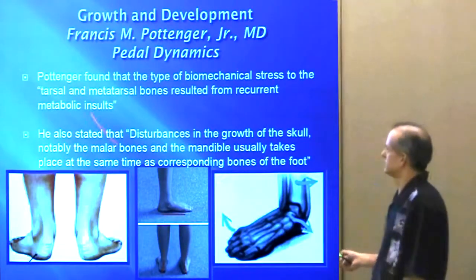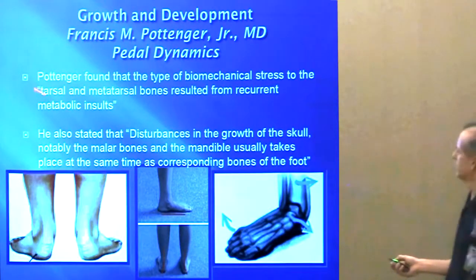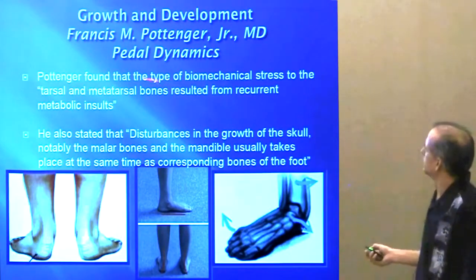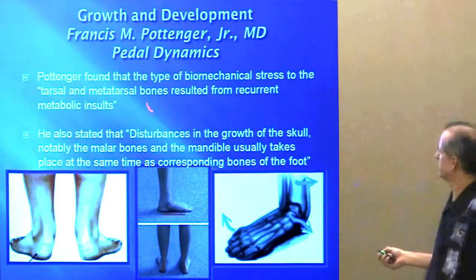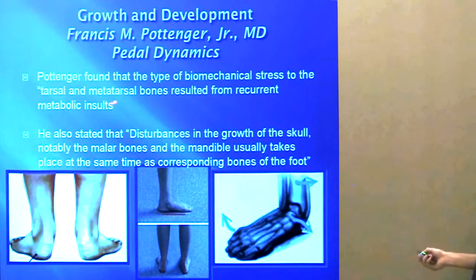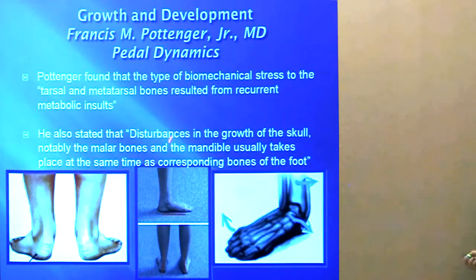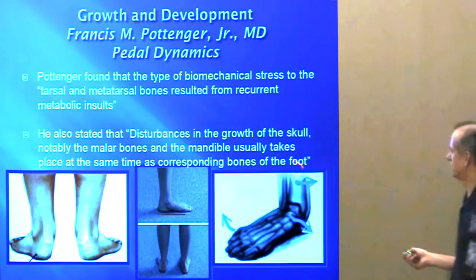And then he also did this. This was the other big key when I started looking at this: he found that the type of biomechanical stress to the tarsal and metatarsal bones resulted from recurrent metabolic insults. So disturbances in the growth of the skull, notably the malar bones and the mandible, usually take place at the same time as corresponding bones of the foot.